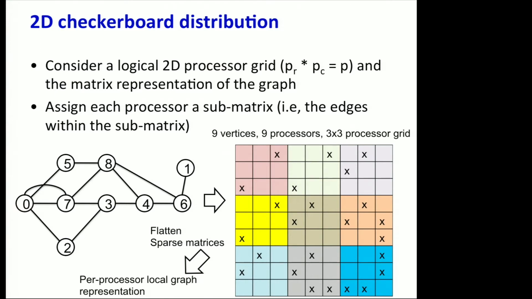An alternative, which is gaining more traction, is a two-dimensional distribution. And again, the name two-dimensional comes from the fact that we're dividing the data structure, the adjacency matrix, in a two-dimensional checkerboard fashion. It doesn't need to be checkerboard. It can be a different two-dimensional structure, as long as it's not divided by rows and columns only, it is considered a two-dimensional decomposition.